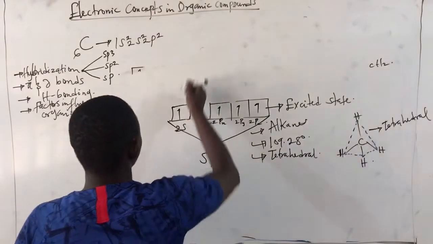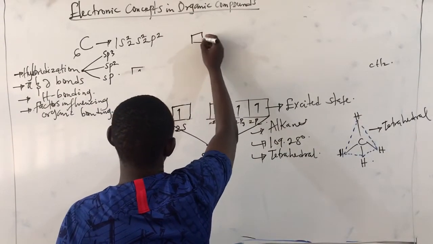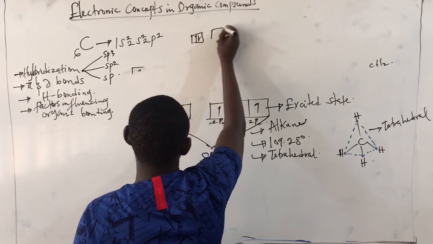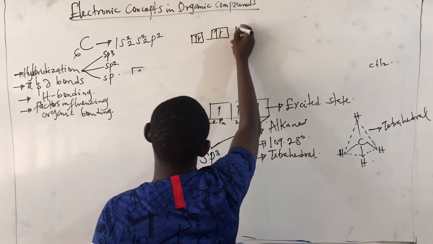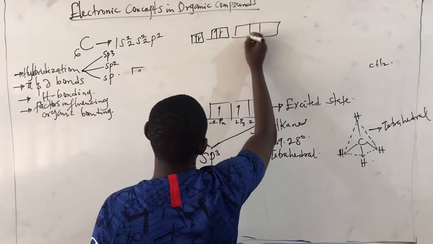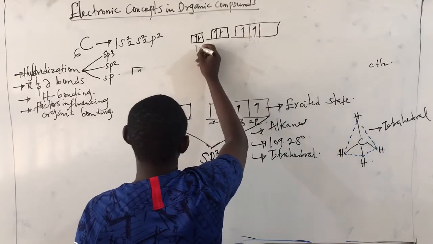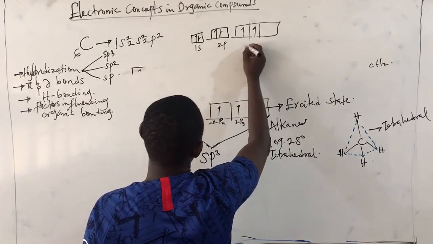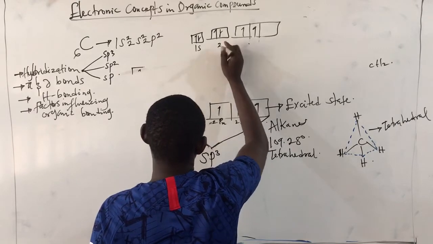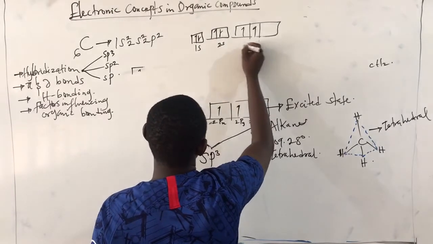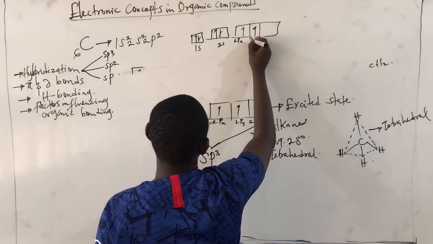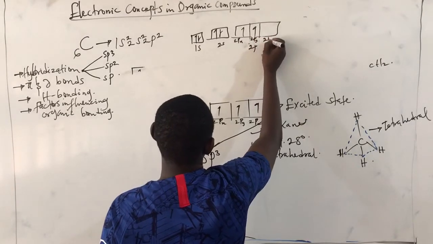Let's start with the ground state. At ground state, we still have the same thing: this is your 1s, and 2s rather, and then the 2p, which would be 2px, 2py, and 2pz.